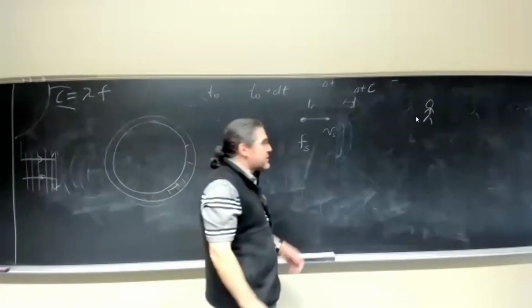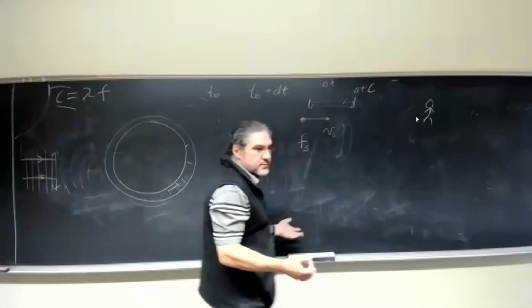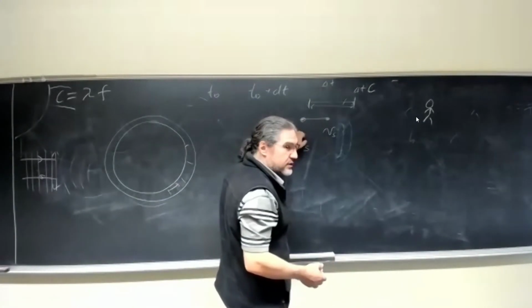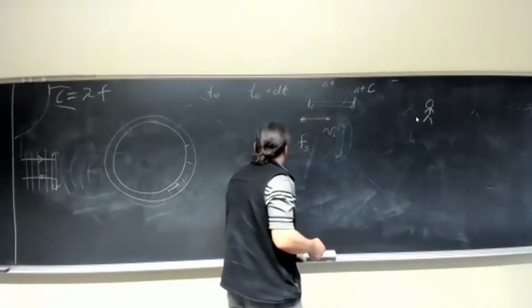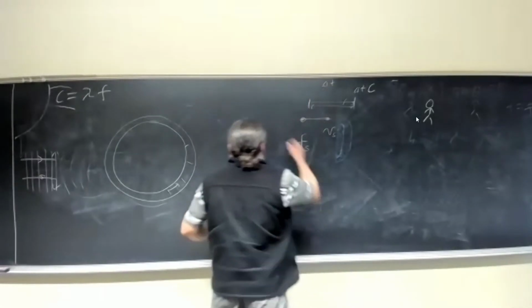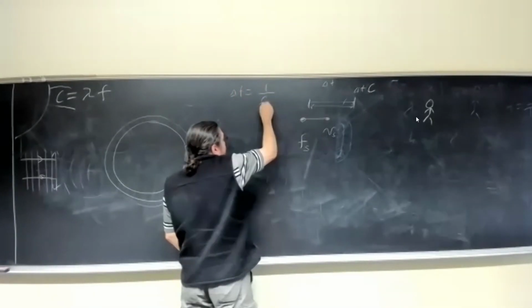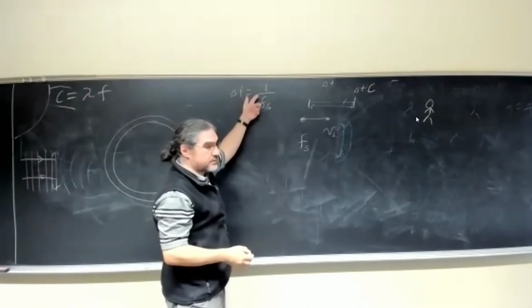Right. So now let's take time delta t to be the period of our oscillations for the source, right? So that time delta t then is a period, and then delta t equals 1 over f source. Right? That's exactly the period.